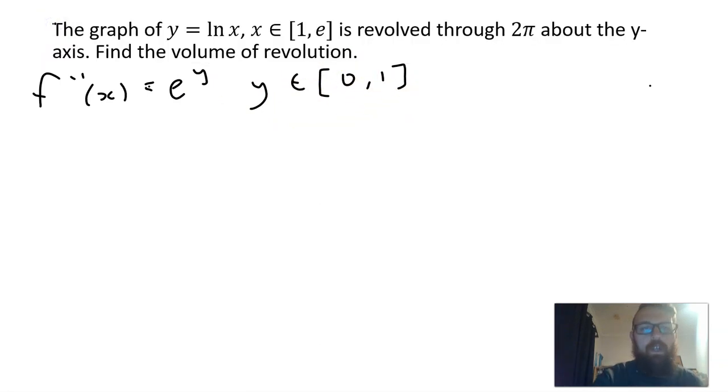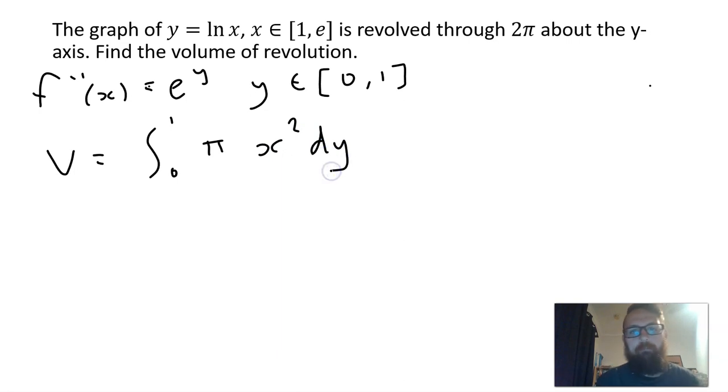Now we can find the volume. The volume of our solid is equal to the integral between 0 and 1 of pi x squared dy. That's just the general formula.